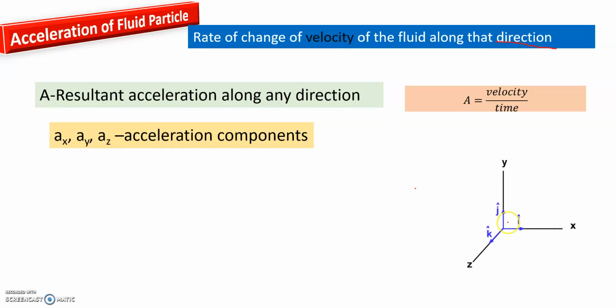Let this point be the resultant acceleration A. If I want to produce the mathematical equations for this, first I have to split this resultant acceleration into its components ax, ay, az. So ax is the horizontal acceleration, ay is the vertical acceleration, and az is the acceleration in the direction of z.